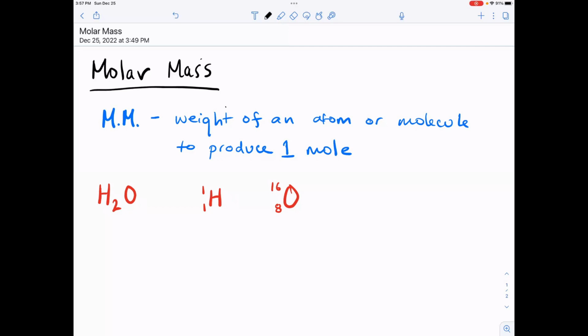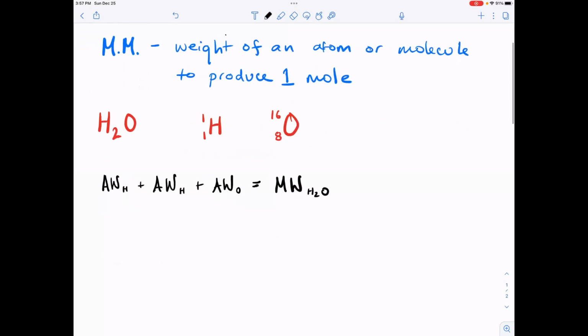So in our case, we have 2 hydrogens. So it would basically be the atomic weight of hydrogen plus the atomic weight of hydrogen plus the atomic weight of oxygen is going to be equal to the molecular weight of H2O, is basically what I'm saying.